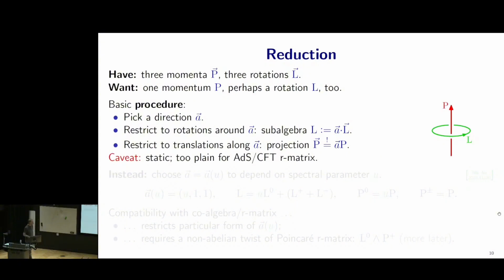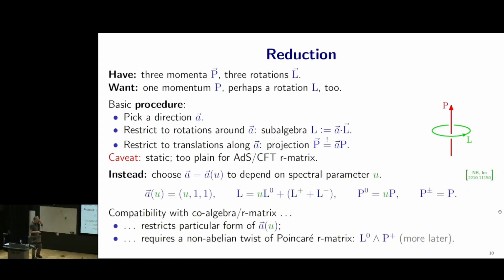But it's just too plain for AdS-CFT, because once you pick a direction, that might just be a time-like direction, so you just pick a static reference frame and rotations, which makes it a bit boring, and the AdS-CFT R matrix is not of this form. But instead, you can choose this reference vector to depend on the spectral parameter in a certain way.